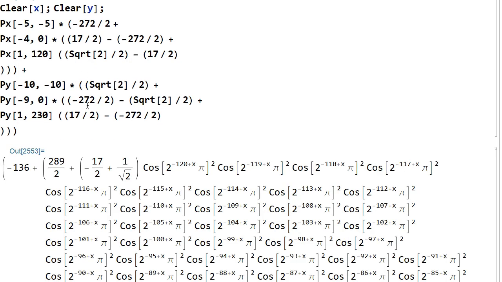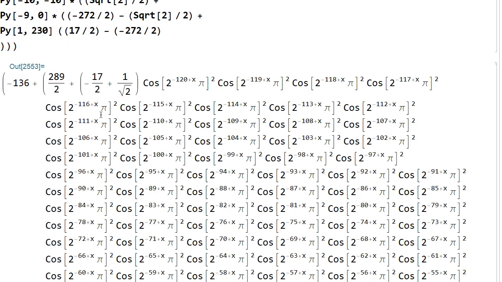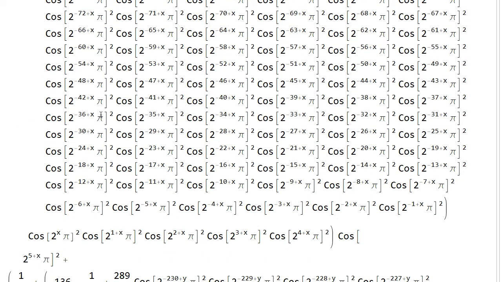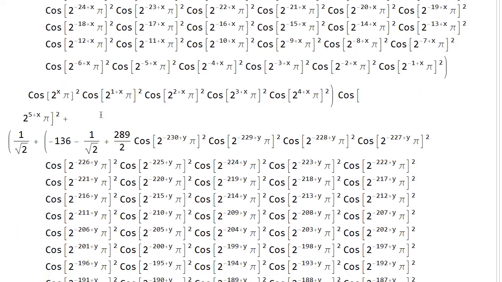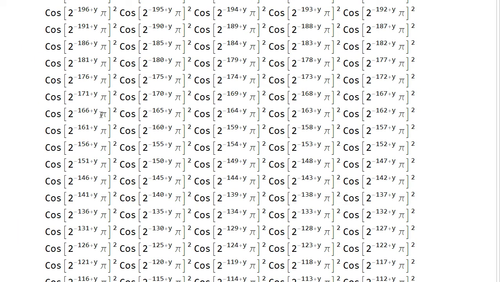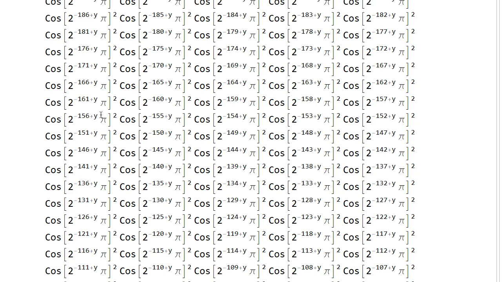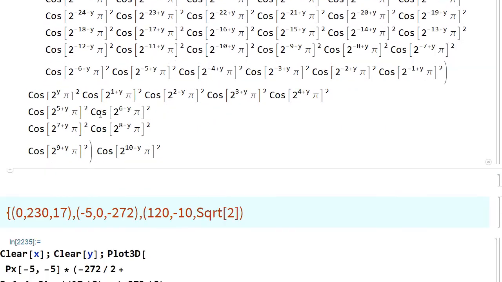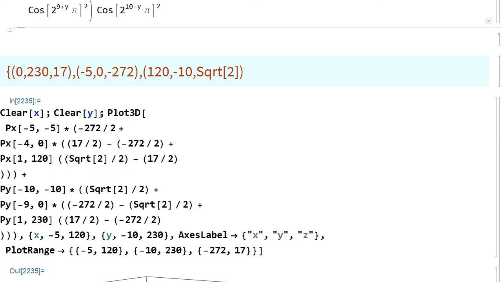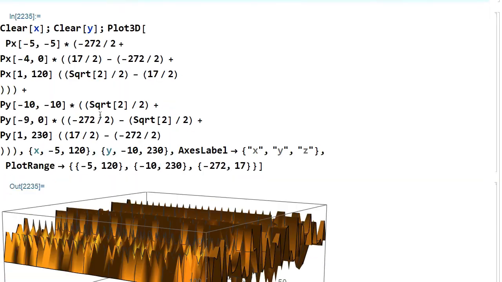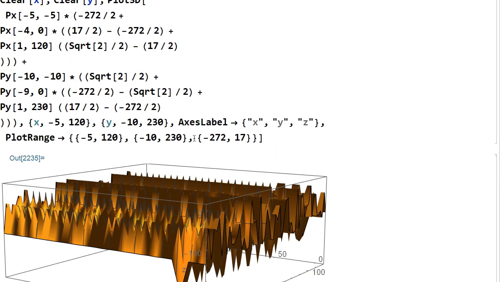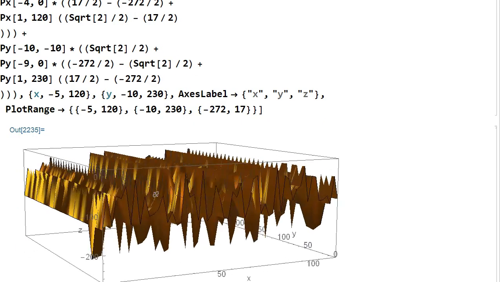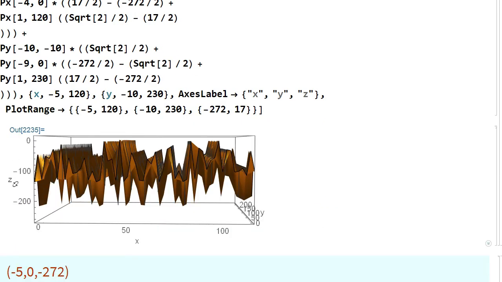Just trying to see what this multivariate function looks like that we constructed just to fit those three ordered triples. It's quite large, but it works and it's easy, right? Now if we were to graph this thing and take a look, we can notice here that this is the z-axis.